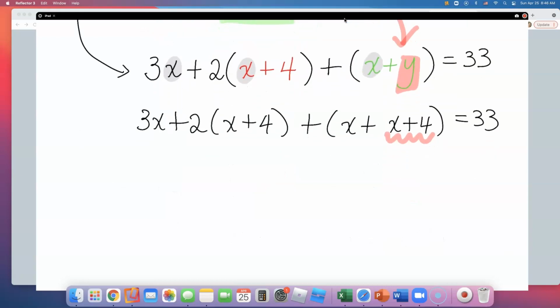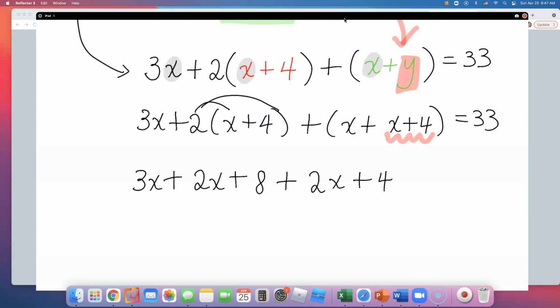Let's solve this equation because the only variable here is x. We should be able to solve for x. I'm going to distribute the 2: 2x plus 8, plus, if you add these two together, x plus x is 2x, plus 4, equals 33. Let's combine like terms.